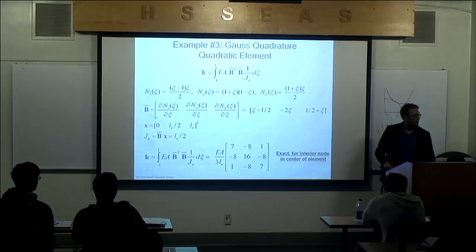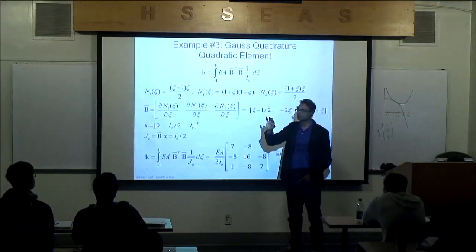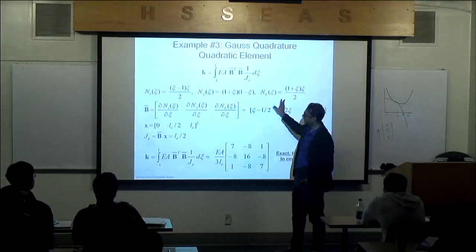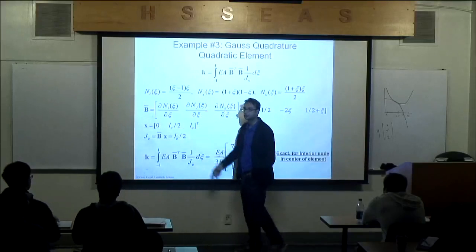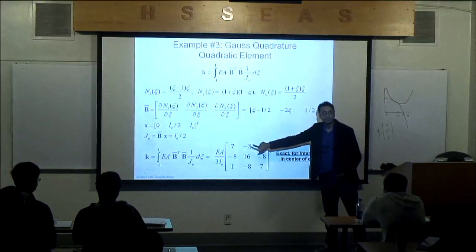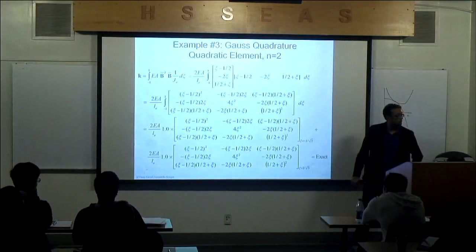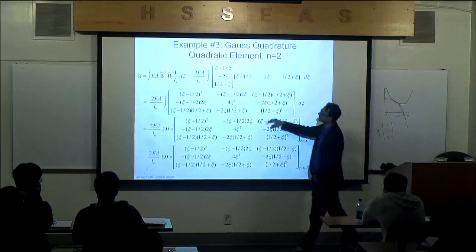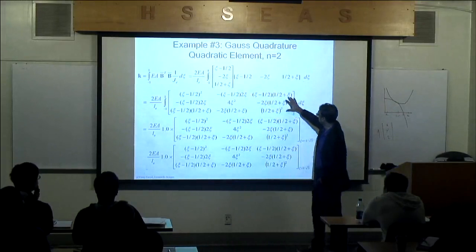So I could have integrated this problem with a middle node right in the center, and I did that for this example. For an element that goes from 0 to L_E with a center node, when you integrate it, the exact solution is given here. Just for kicks, just to see if the Gaussian integration works, I multiplied this in Mathematica, and this is my new phi.